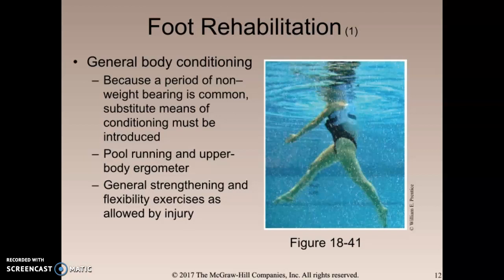So one example is getting them in the pool, using the upper body ergometer. Maybe they're in a situation where they can get on a bike and cycle. So you just have to be creative with your individual athlete. And then obviously they can still be doing upper body exercise as well.